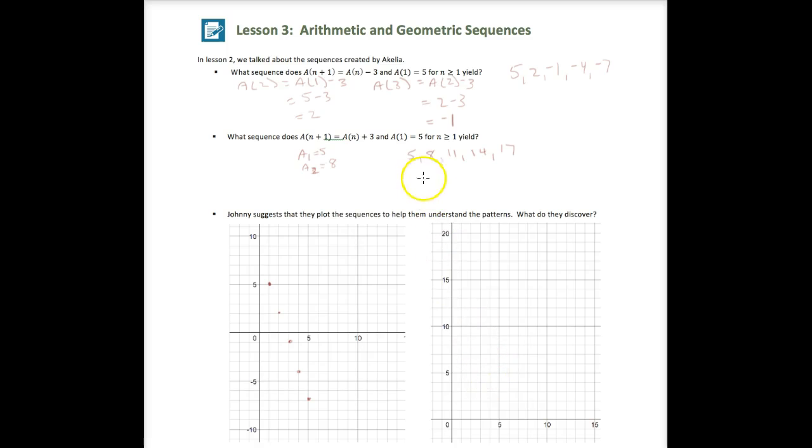In the second set, the first term is 5, up to 8, up to 11, up to 14, and up to 17. And now the sequence is ascending. This one fell down, this one's going up, but they're all fairly straight, and we like that.